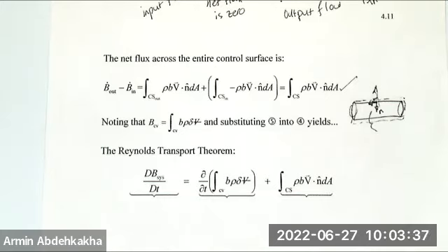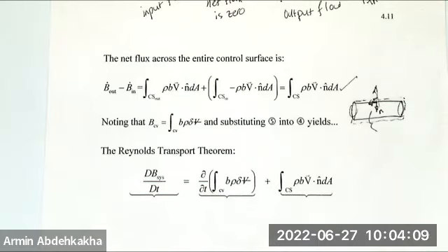So if you have a fixed control volume, and let's say that you have a mass, and you say that the summation of the net flux over the boundaries is zero, then what would be the d by dt of the mass property? Mass property means that B is mass.